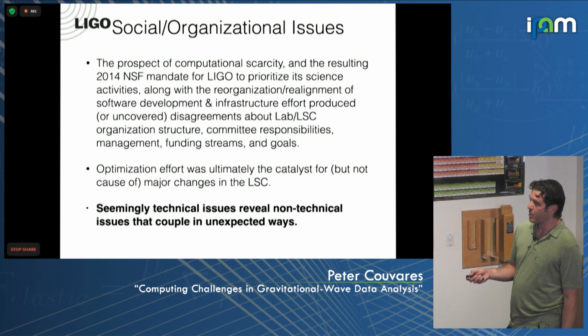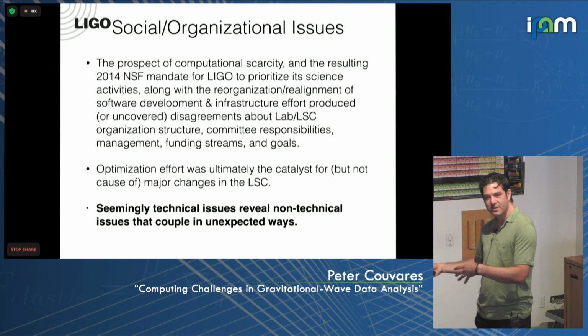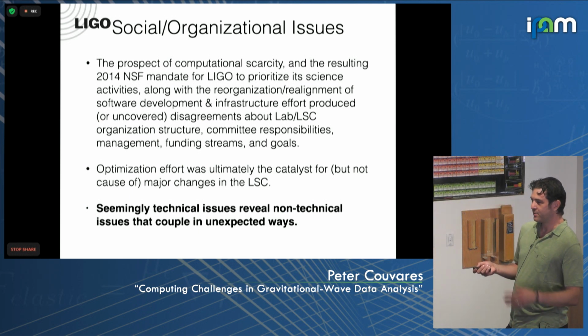The prospect of this computational scarcity that we had in 2014 and the mandate actually forced LIGO to prioritize its science activities for the first time ever. It prompted a reorganization and realignment of all the software and infrastructure development. It uncovered disagreements about LIGO Lab priorities versus LIGO Scientific Collaboration priorities. It resulted in committees getting broken up and reformed.